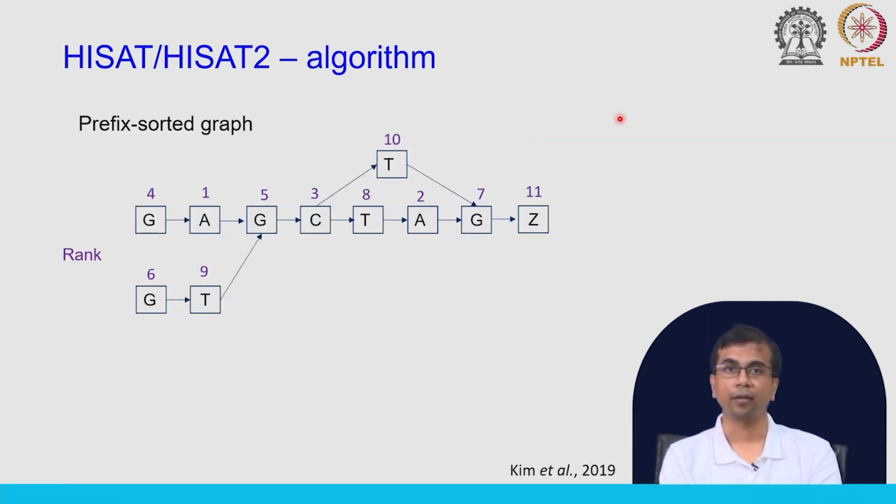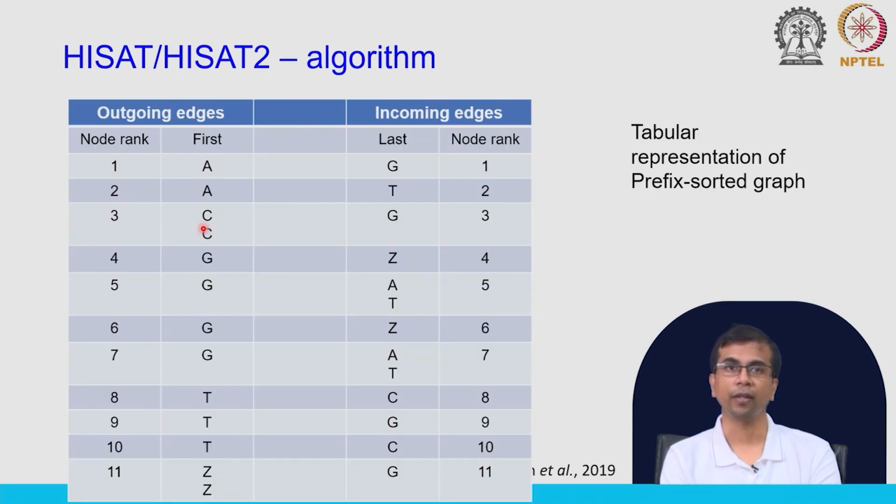So, let us consider this rank 1. This node rank 1 means this A here. So, this is the first node. In the first column here, we are simply writing the nodes. For the first rank, it is the outgoing edges, the first two columns are under outgoing edges. So, we have the A here.